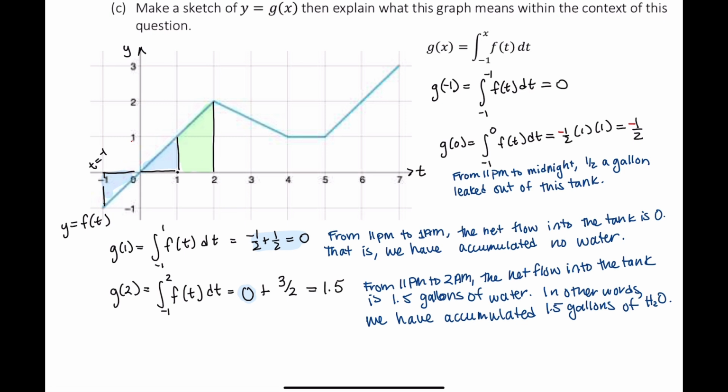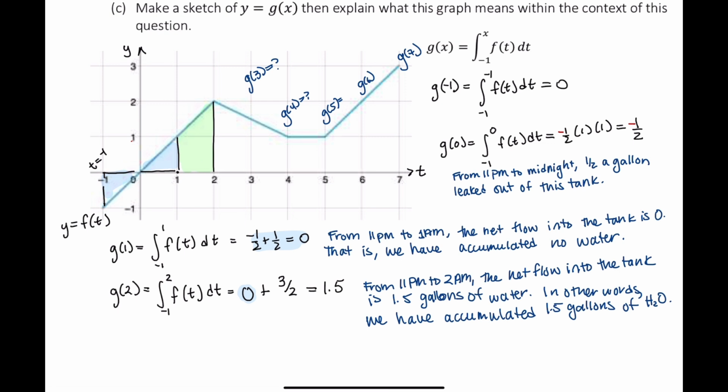Okay, now what I'd like you to do is pause your video, and I want you to figure out what G of 3 equals, G of 4, G of 5, G of 6, and G of 7. And then I want you to give me one general interpretation of each of these values.